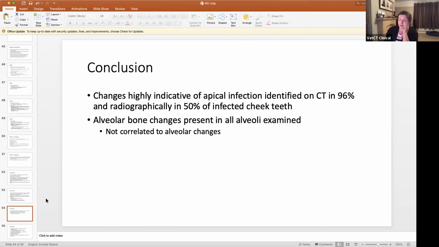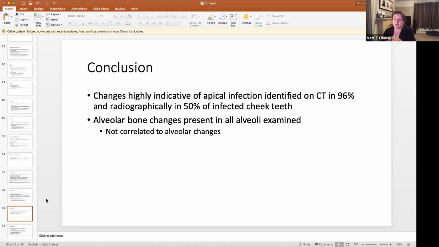So their conclusions were actually very straightforward, that changes highly indicative of periapical infection were identified on CT in 96% of the horses with histopathologically abnormal teeth. And radiographically, because they radiographed all the cadaver heads as well, they only found 50% of them.